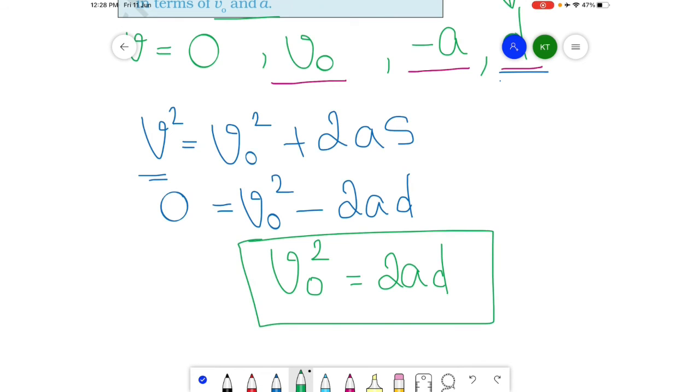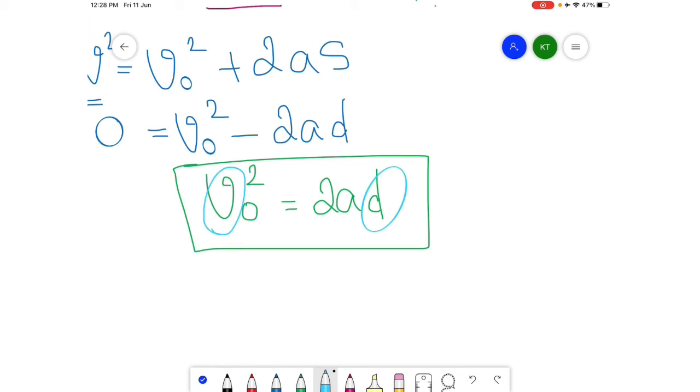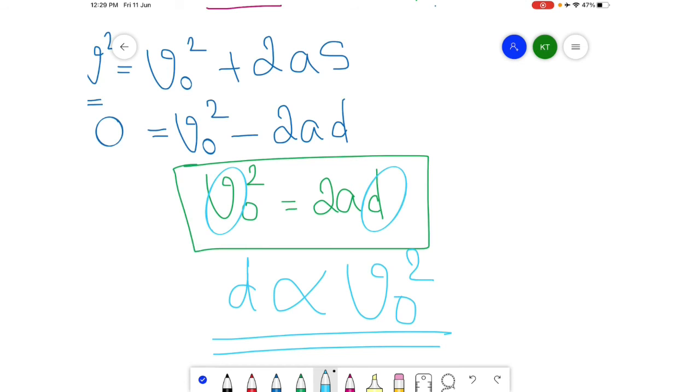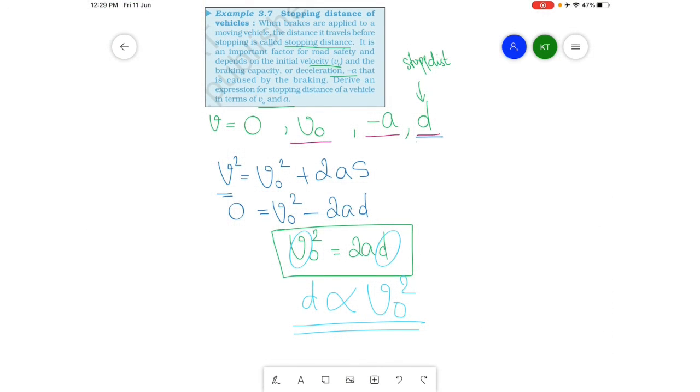Now what do we observe from this? We observe the relation between stopping distance d and initial velocity v0. The stopping distance is directly proportional to the square of the initial velocity. That's question 3.7.